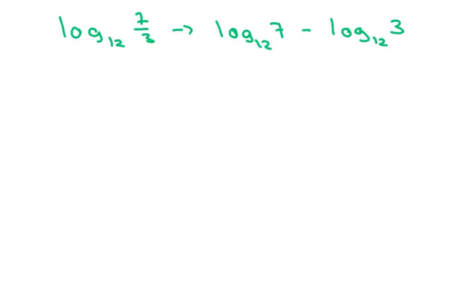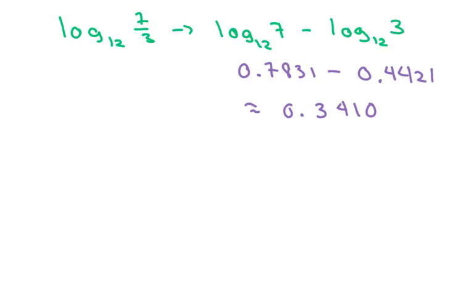Using the information they gave me, this is 0.7831 minus 0.4421, which is approximately 0.3410.